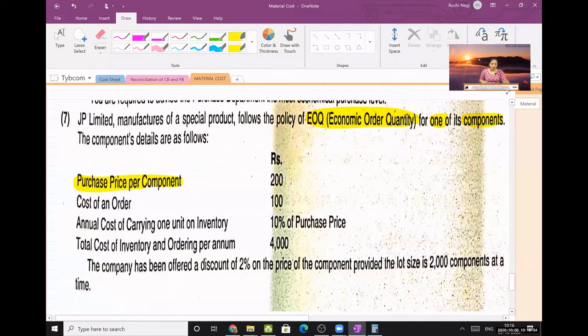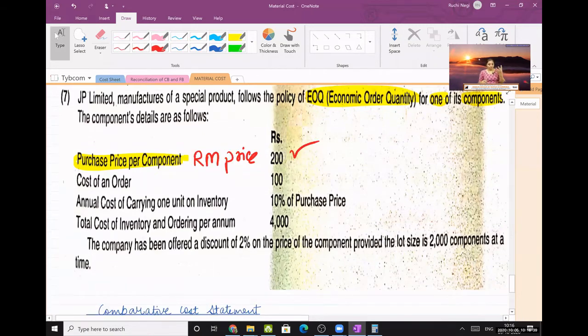How you have per kg, per liter, per unit, like that they have given you the quantifying value is per component. Cost of order, so this is my O. Annual cost of carrying 1 unit of inventory, so this is my C. 10% of purchase price बोला है.